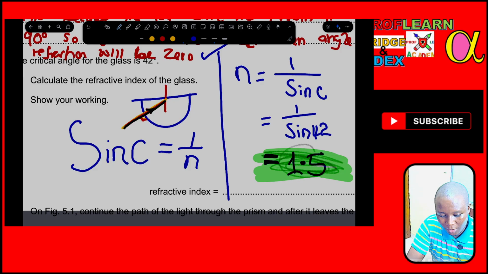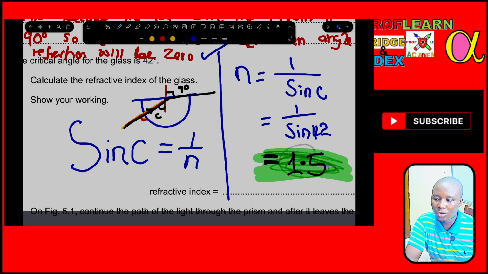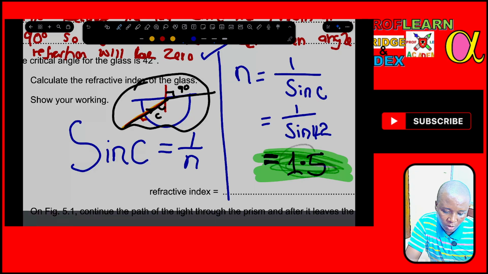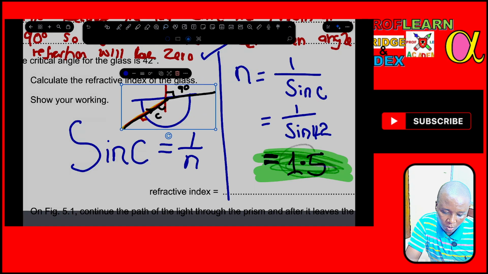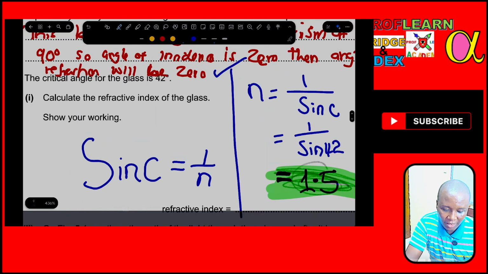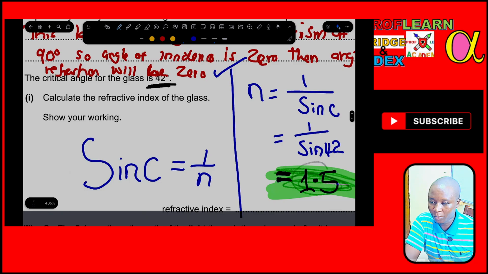Then the moment we have an angle of refraction of 90 degrees here, the angle that we have down here is called the critical angle. So if you are told to define critical angle, you are going to say this is the angle of incidence when the angle of refraction is 90 degrees. But in this question, candidates were not supposed to do this. They were told to calculate the refractive index, yet the critical angle was provided.